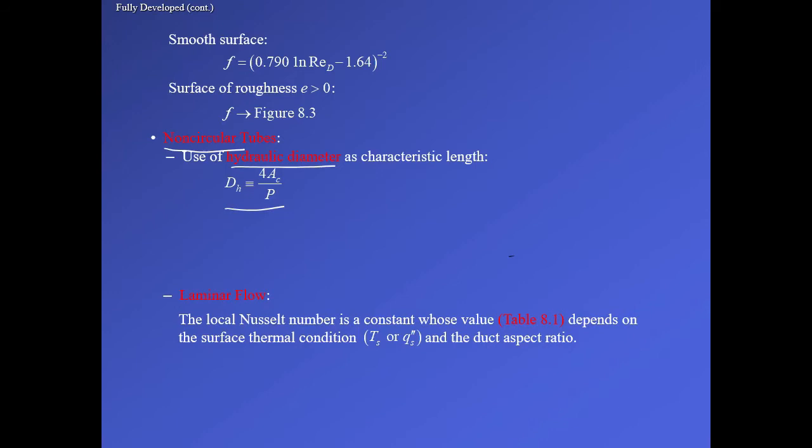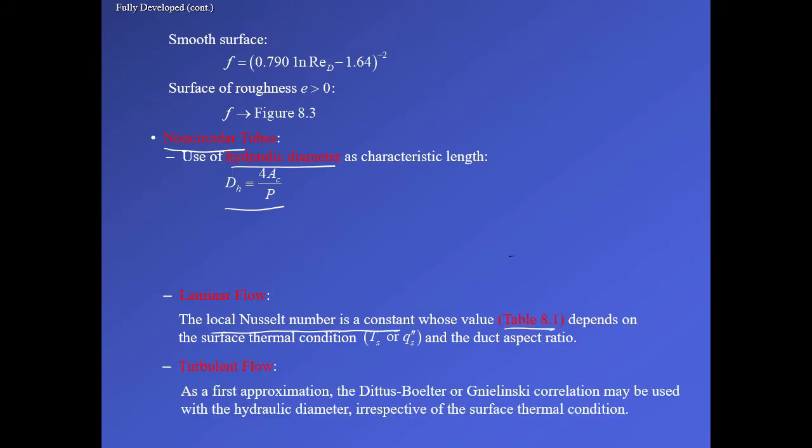So we replace all the instances of diameter using 4 A_c by P as the hydraulic diameter. For non-circular tubes, for laminar flow, the local Nusselt number is a constant, and you will have to refer to tables to calculate the value of the Nusselt number for non-circular tubes.